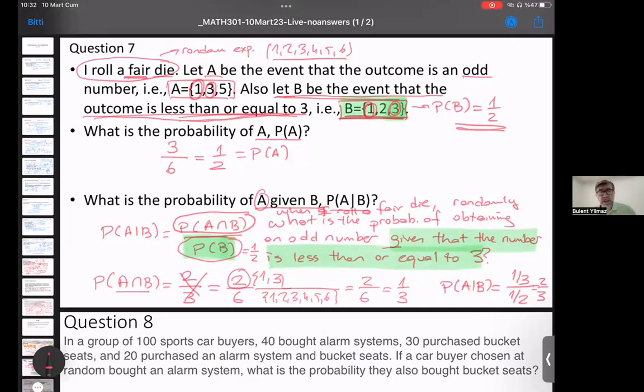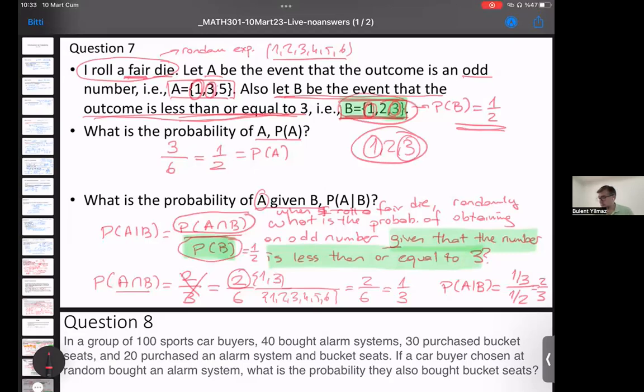So I can look at it in those terms. I know that the number is less than or equal to 3, so I focus on this part. Okay, 1, 2, 3. The number is here. But then it is given, then I'm asking, the outcome is odd. The odd outcomes are 1 and 3.